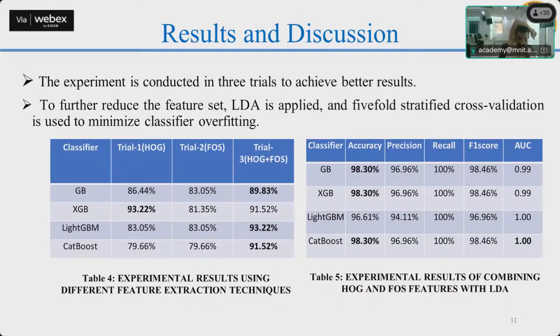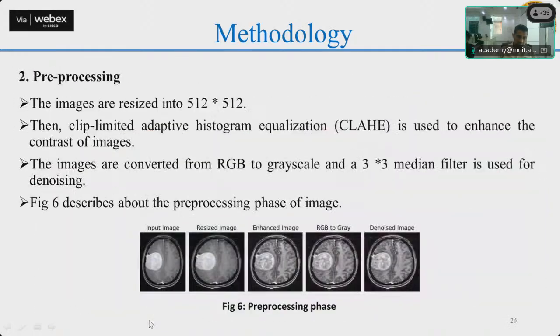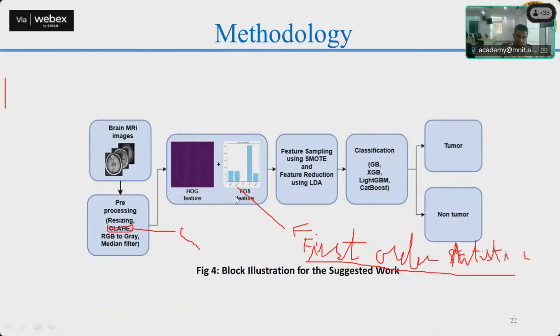Here in trial 1 we only use HOG, in trial 2 we use FOS, and then in trial 3 we try their combination as the feature vector. When we say trial 1, trial 2, trial 3, it means which feature vector you used. You can see here, after pre-processing we have used this feature, and thereafter we have classification. So here either HOG, or both of them, or either of them.